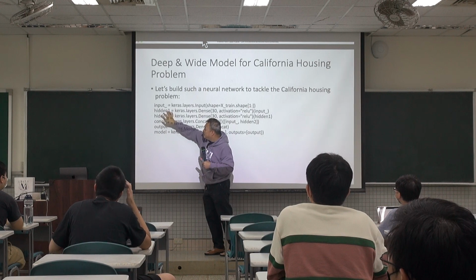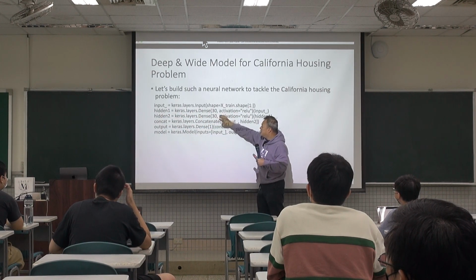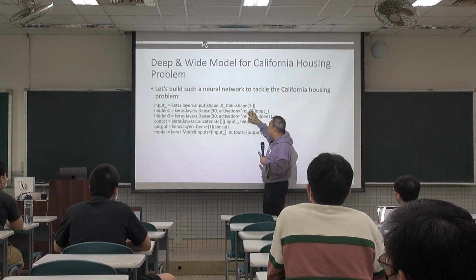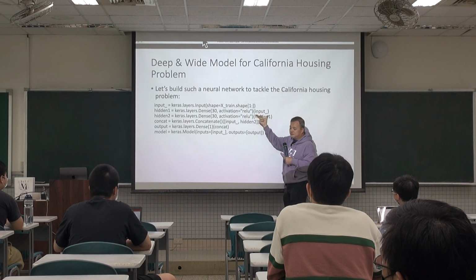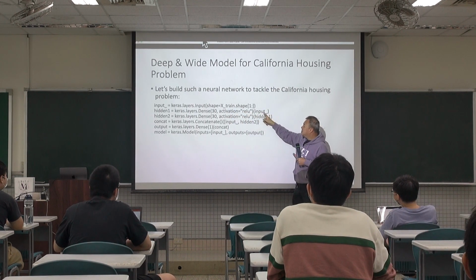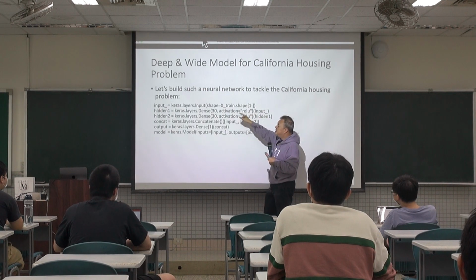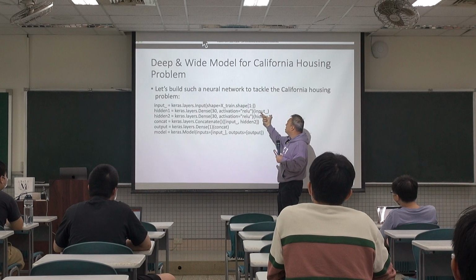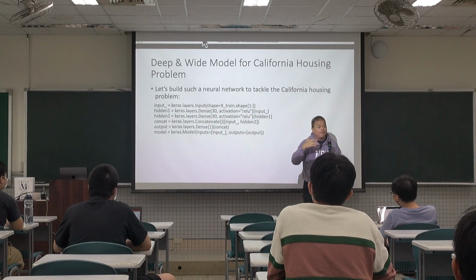You see hidden one equals Keras.layers.Dense 30, so it contains 30 neurons, and we use ReLU activation. So far so good, but the most important thing is here: we tell this hidden one that it is going to use this input layer as its previous layer.